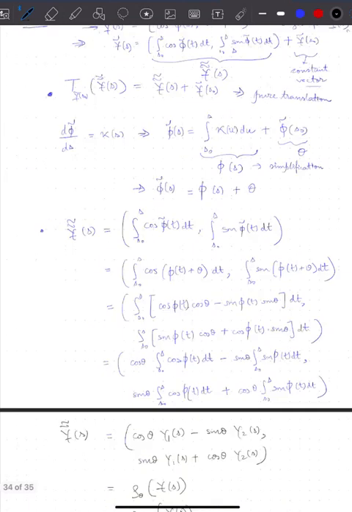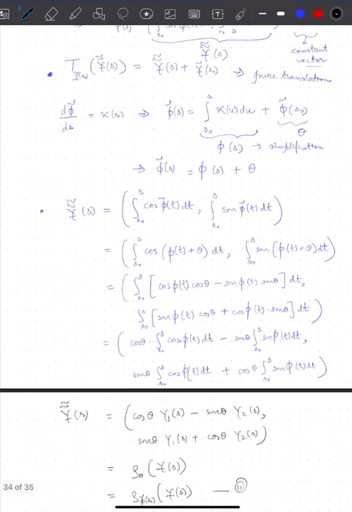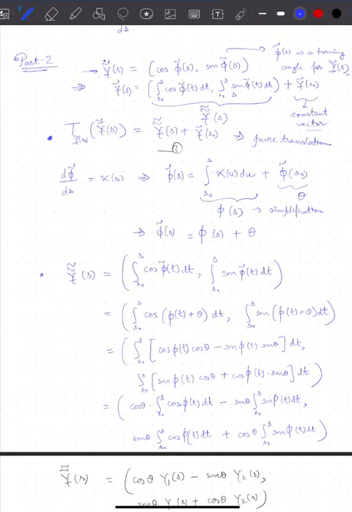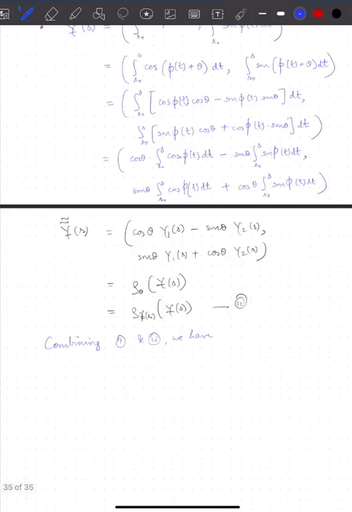Now combining both of them, combining one and two, we have gamma tilde of s is equal to gamma tilde at s naught plus gamma tilde tilde of s, right?